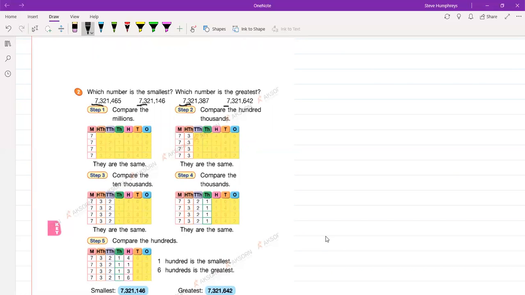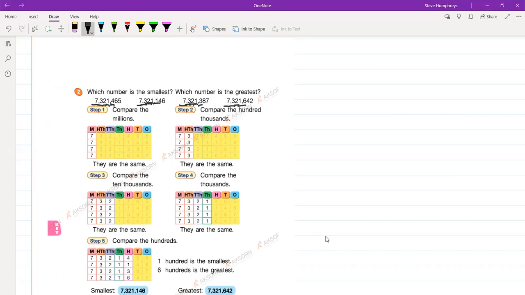That's a 3. And that's a 3. So they're the same. The third digit. This is a 2 in all four. The fourth digit. That's a 1 in all four. So we're going to look at the hundreds. That's 4. That's 1. That's 3.